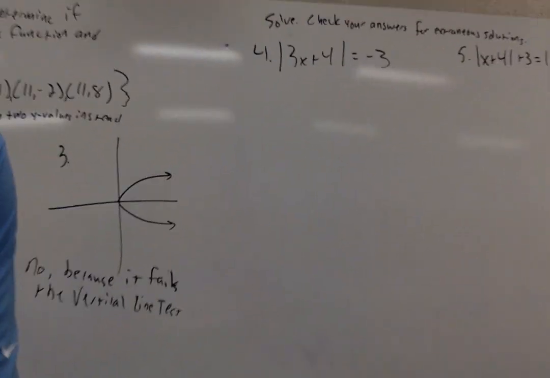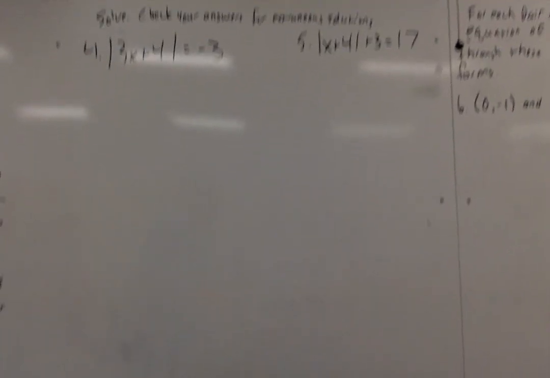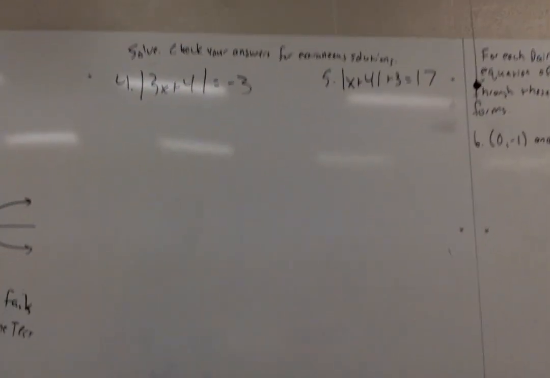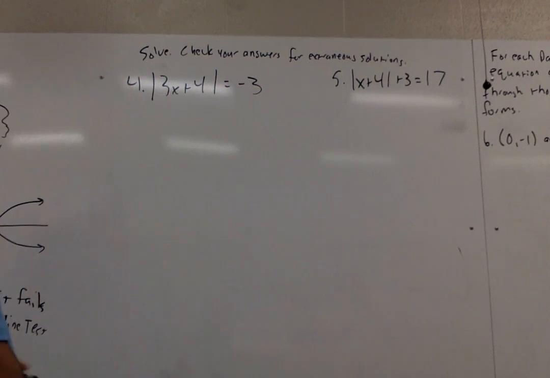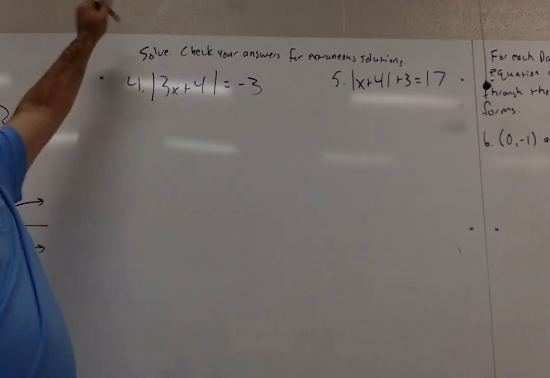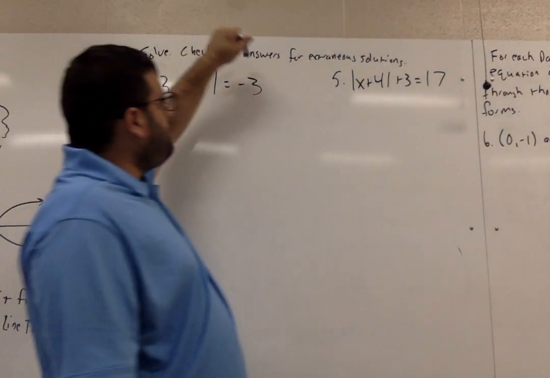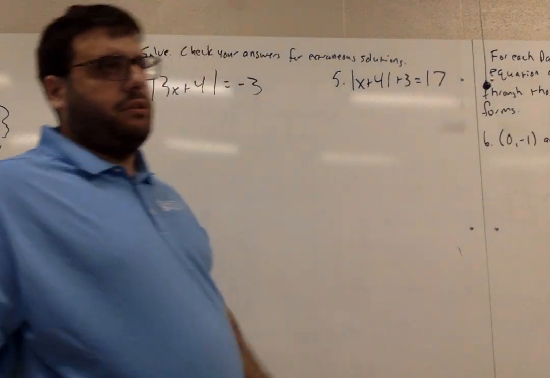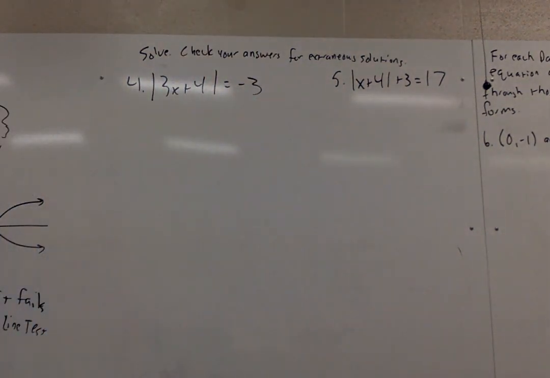Next, we get to solving absolute value equations. Okay, with solving absolute value equations, please pay attention to the directions here. You are going to solve, but you also need to check your answers for any extraneous solutions. Okay? Now, look at number 4. I have the absolute value of 3x plus 4 equals -3.